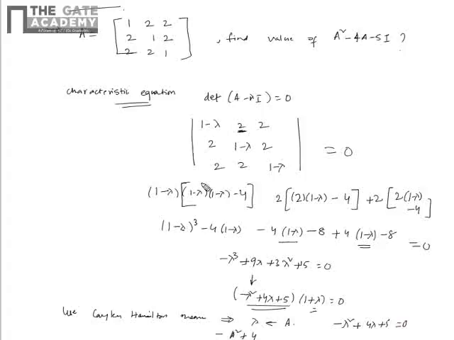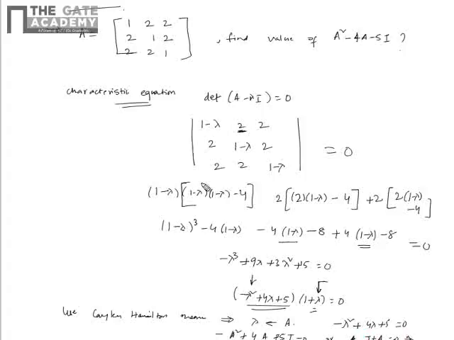Okay, the other root cannot be 0, so this can't be 0, because lambda plus 1 is equal to 0. So if you substitute a there also, you will get either minus a square plus 4a plus 5i is equal to 0, or 1 plus a is equal to 0, that means i plus a is equal to 0.